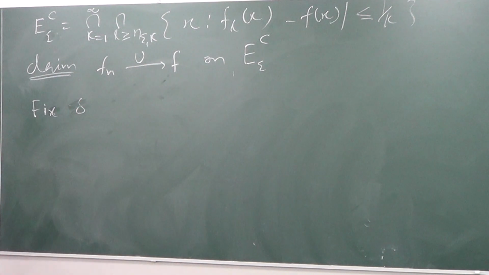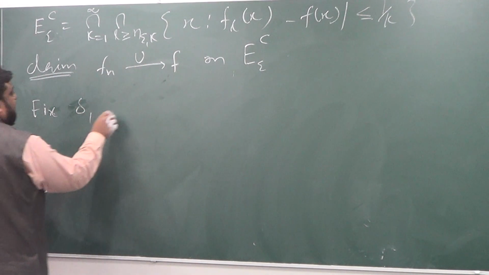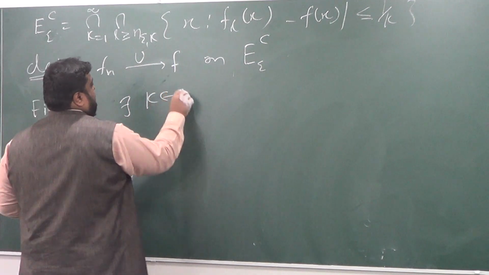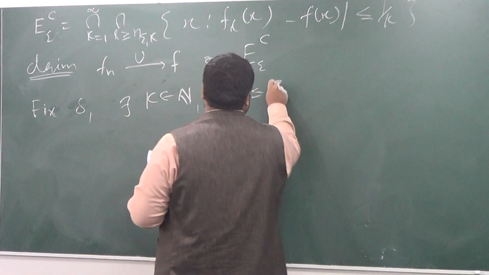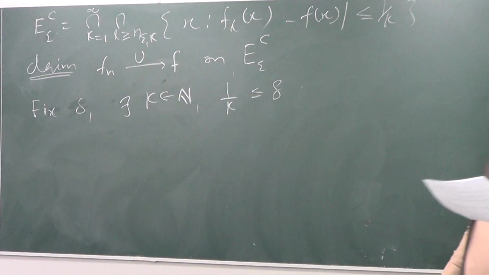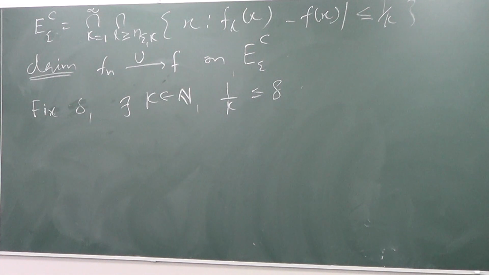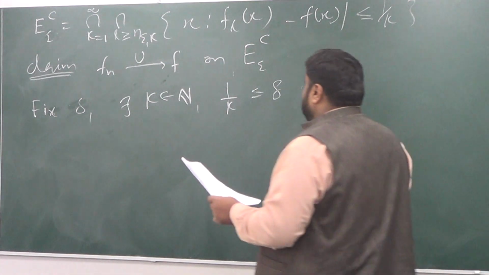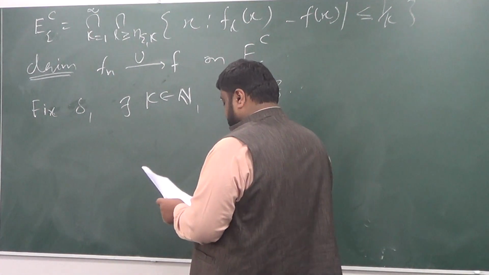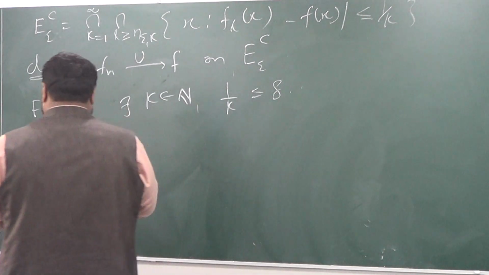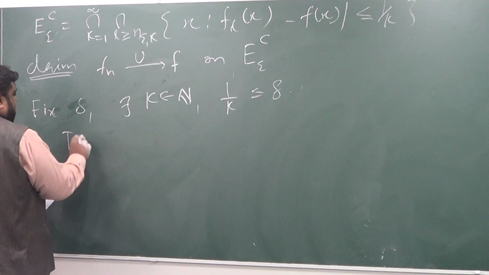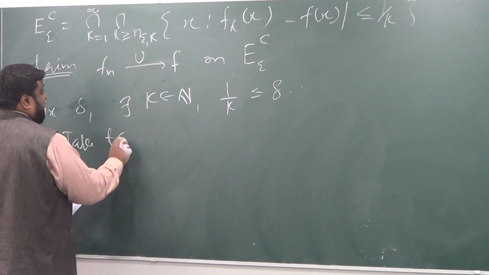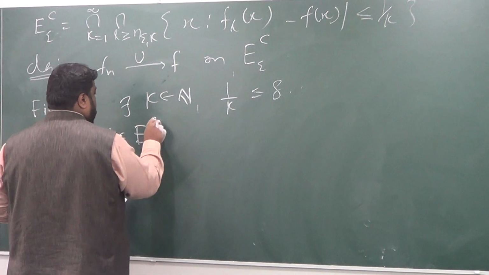Fix a delta. If I fix a delta, I can find a natural number k such that 1 over k is less than or equal to delta. Now take a point t from this E epsilon complement.